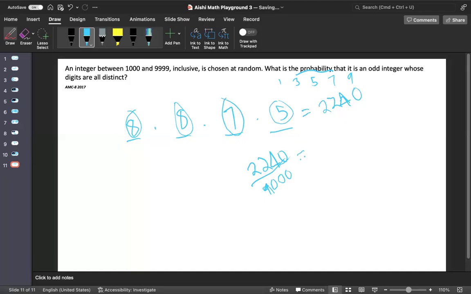Which is also equal to 56 divided by 225 if we simplify it. So that's your answer: 56 divided by 225.